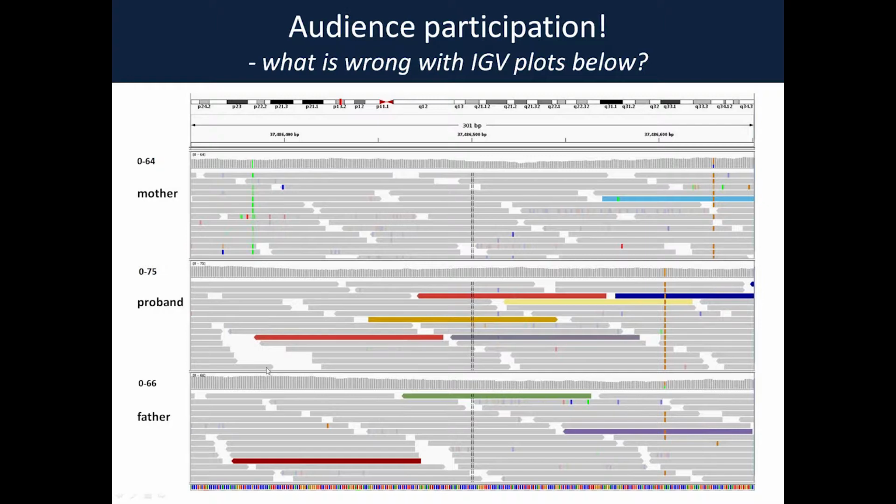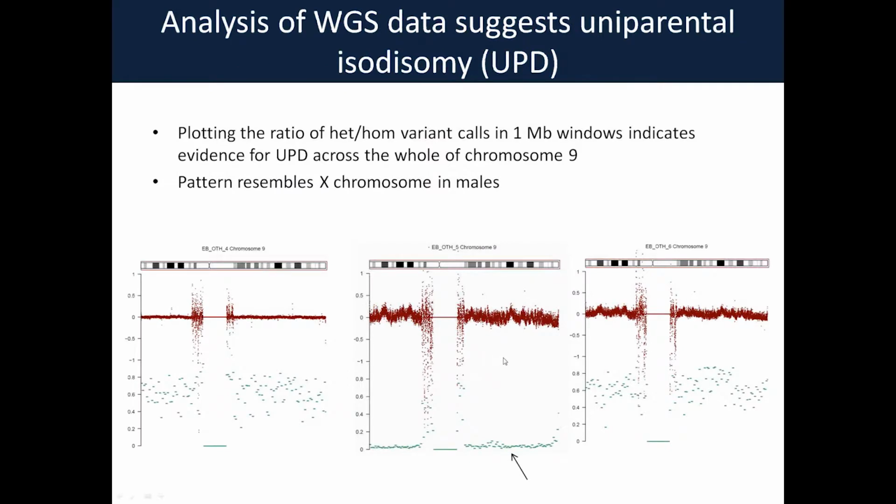At first I thought maybe there's a deletion being transmitted from the mother, but there doesn't seem to be a drop in copy number. And then I looked all along the chromosome, and this pattern carried on. So we did a more formal analysis of this. We plotted the ratio of heterozygous to homozygous variants in 1 megabase windows across this chromosome, and this basically confirmed that the whole chromosome was uniparental isodisomy.